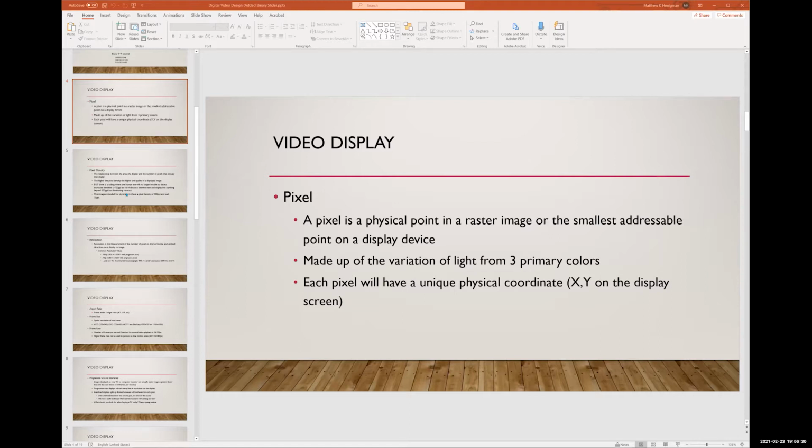Each dot on the display, depending on the color that is activated and the light that is shown through, is the color that's generated, right? And then we can mix multiple shades, multiple color sources to generate the different colors that we want. Okay, so a pixel is made up of a variation of 3 primary colors, and each pixel will have a unique physical coordinate, XY, on the screen.